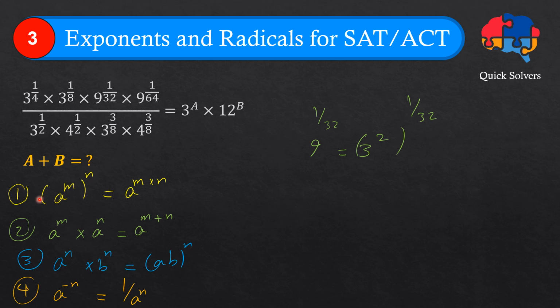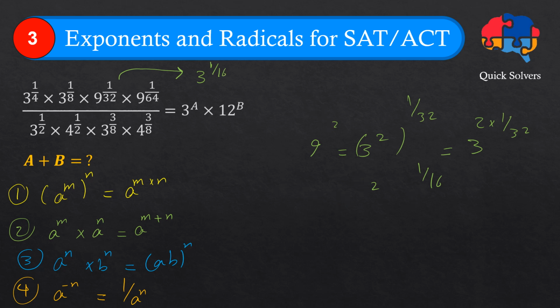And then following rule number 1, I can rewrite this as 3 to the power of 2 times 1 over 32, which is equal to 3 to the power of 2 over 32, and this equals 3 to the power of 1 over 16. So I can replace this one by 3 to the power of 1 over 16.